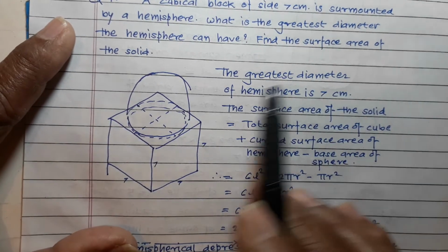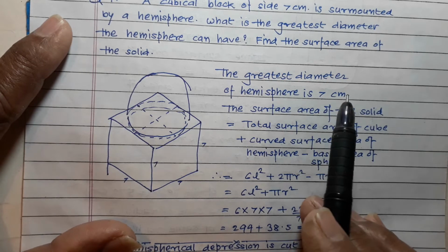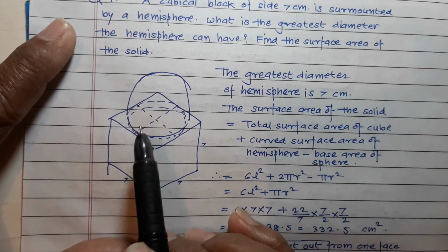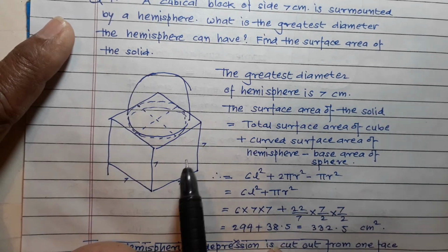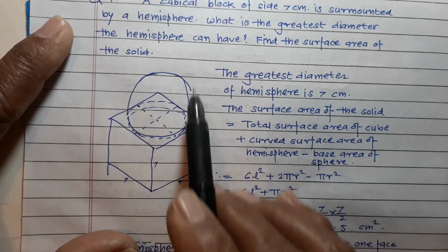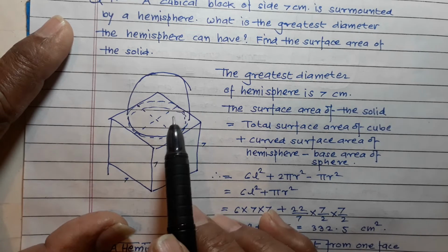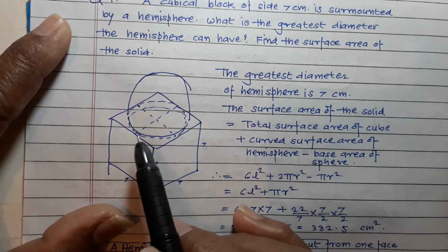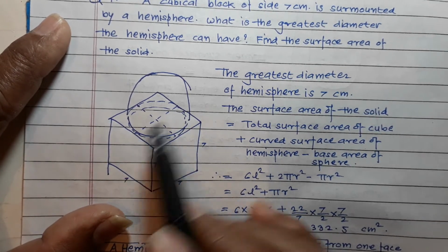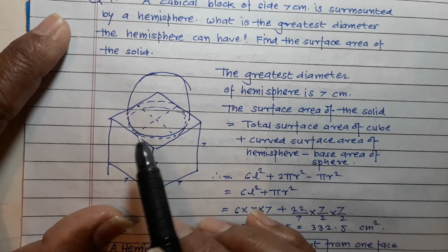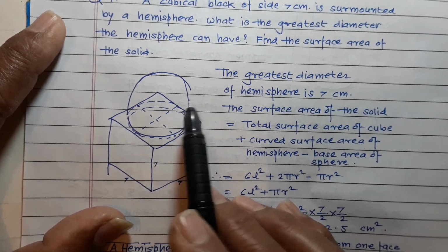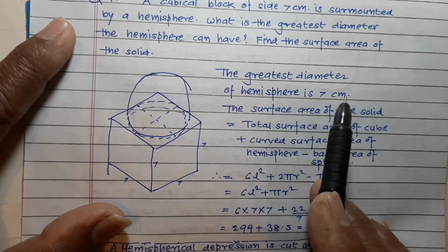The greatest diameter of the hemisphere is 7 cm. So this is a cube, and the hemisphere is surmounted on it. Therefore this edge is the diameter of the sphere, and this is equal to 7 centimeter.